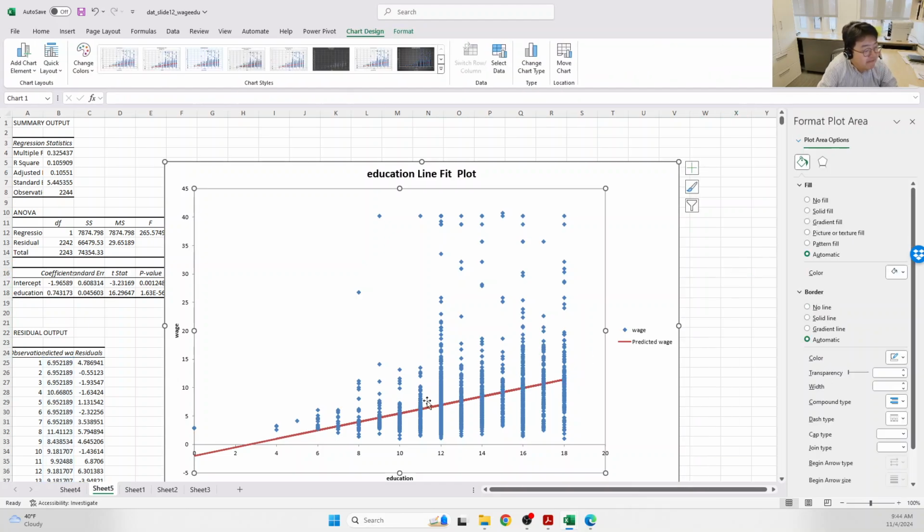We have a line like this, which is the predicted hourly wage, but the blue dots are real observations. Real observations do not show the pattern clearly, but with the regression model, you can clearly tell what is going on. So it is natural that your wage increases as you get more educated.